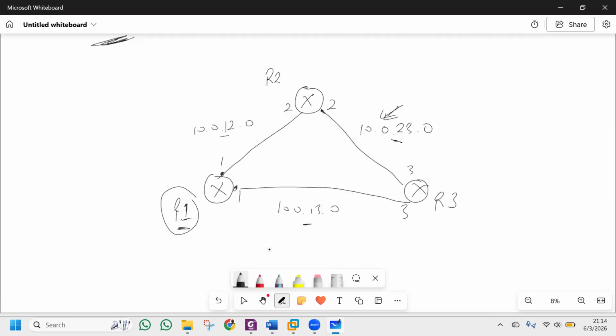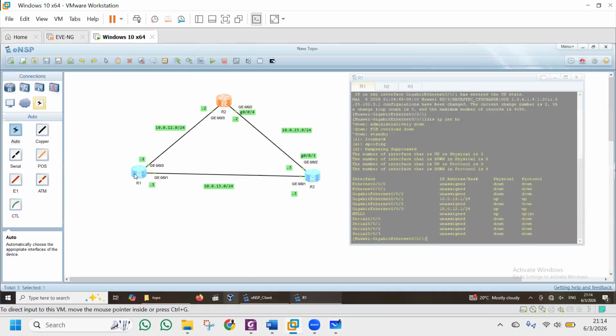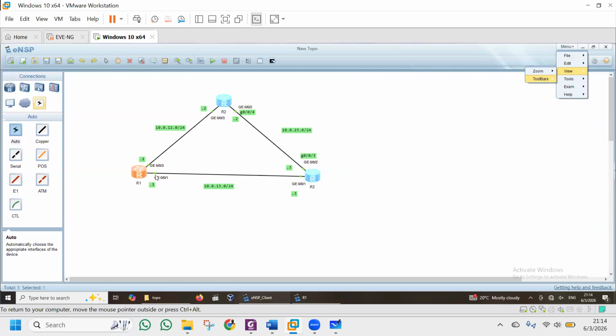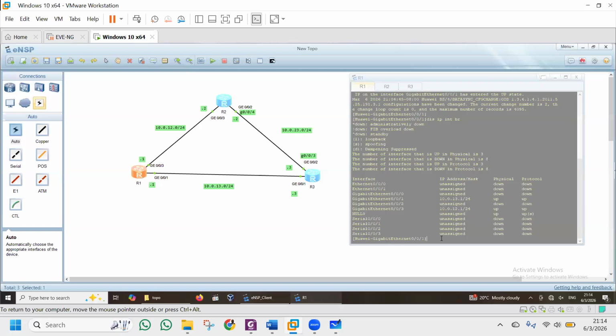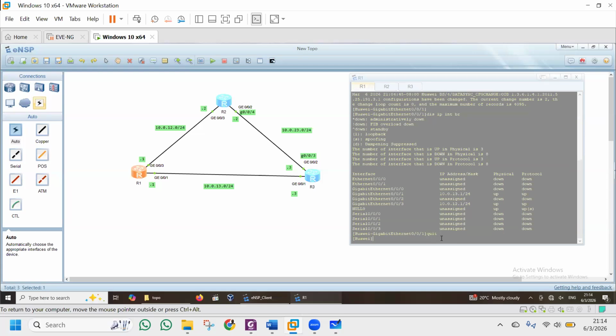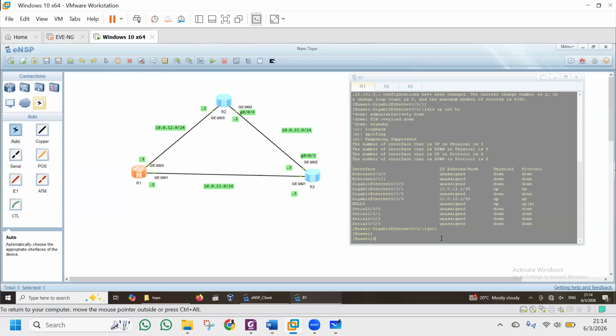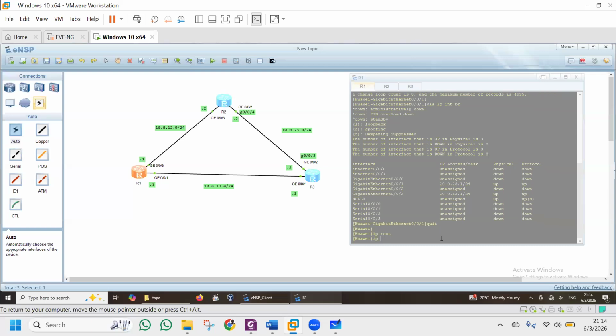So here I can do this. That's IP route. Or I can start with display.